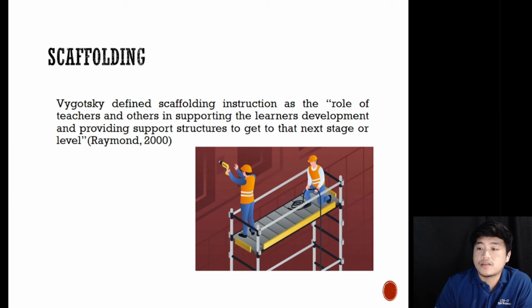in a student-centered manner. So scaffolding, from the word scaffolding, it has the same concept with the scaffolding na ginagamit sa mga buildings. So yung scaffolding is usually ginagamit sa building a structure.